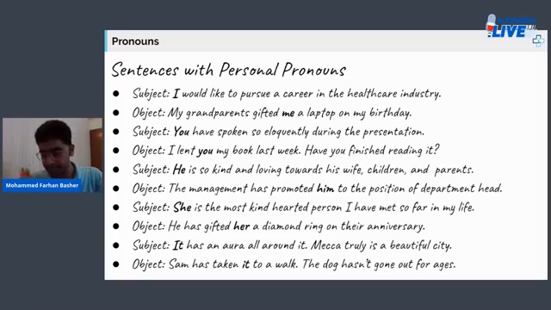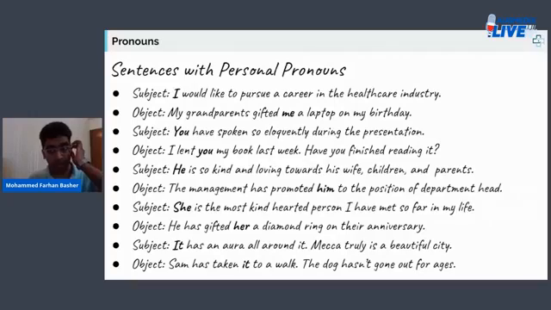And that action was receiving a diamond ring. So whenever you're on the receiving end of things, you go with object personal pronouns. But when you are on the giving end of actions, or when you are the doer of actions, you take the subject personal pronouns, right?